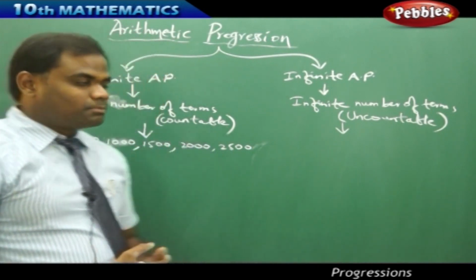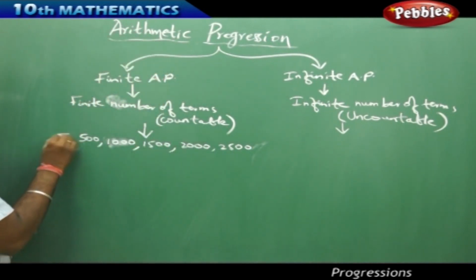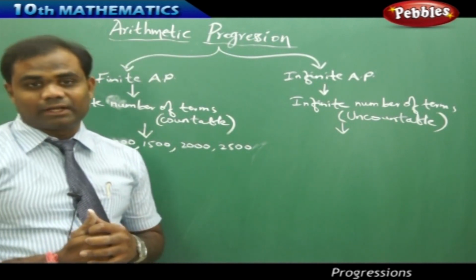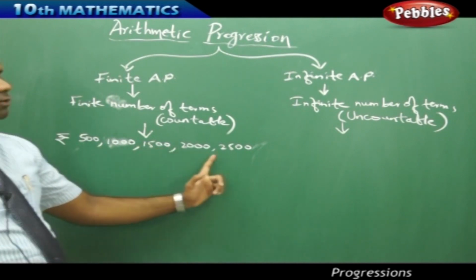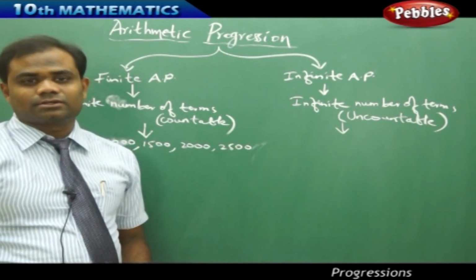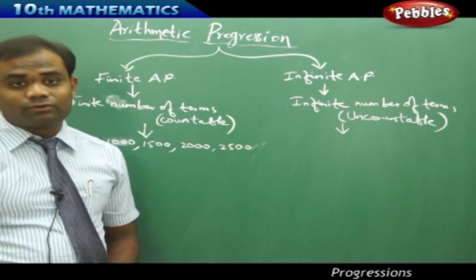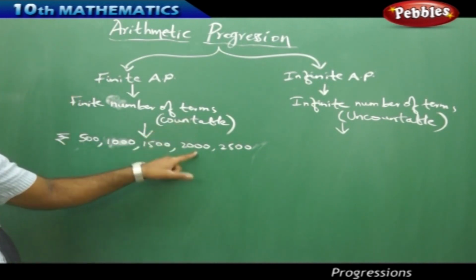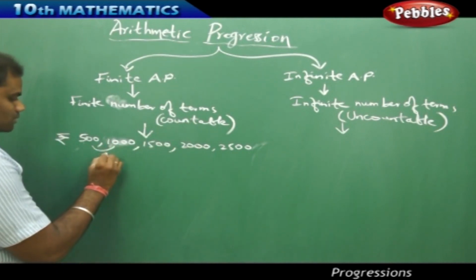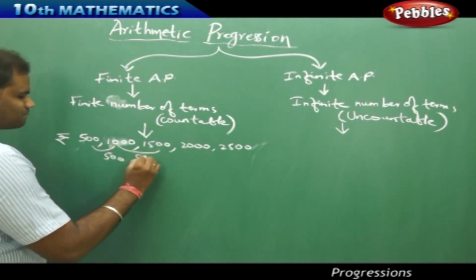Nobody would be willing to put their amount in the bank for 100 years or unlimited number of years. So depositing the amount in the bank is purely an example of a finite arithmetic progression, where first year, second year, third year, fourth year, fifth year, at the most 10 years or 20 years, but we don't put it for 100 or 150 years. So this is an example of a finite arithmetic sequence because the common difference is same.